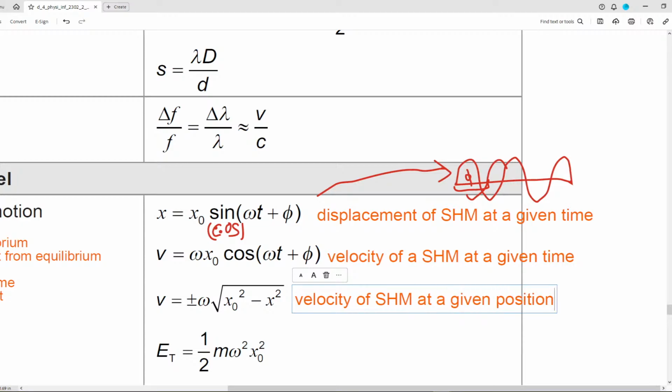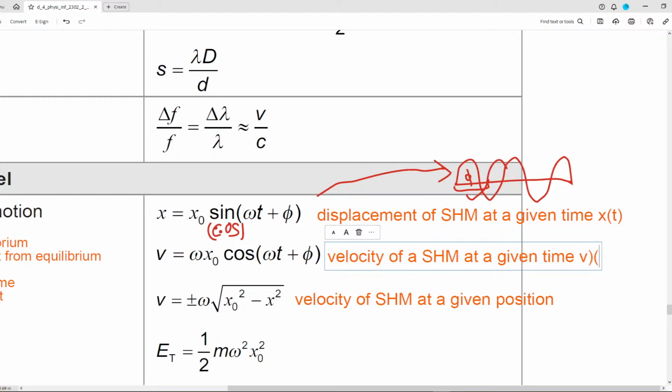So velocity as a function of x this time. This one is x of t, this one is v of t, and this one is v of x.